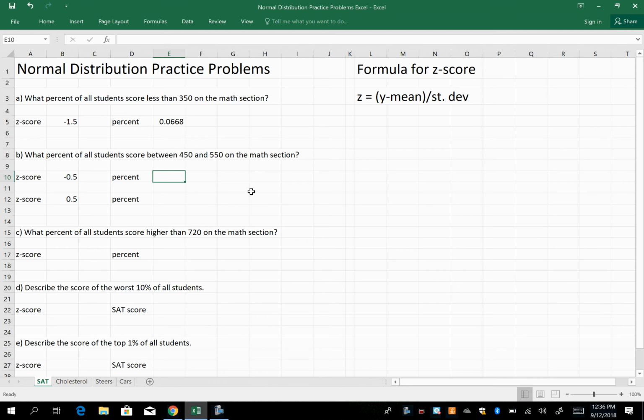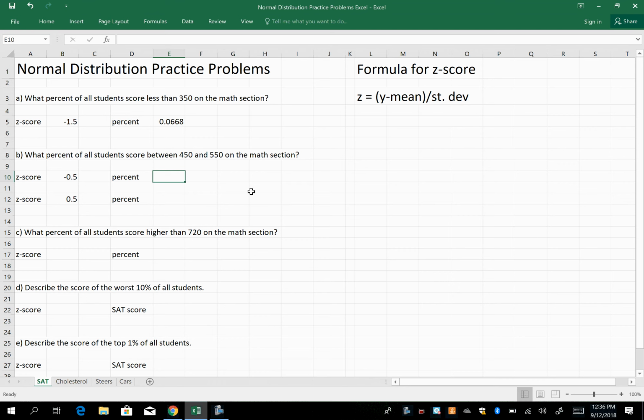We had negative 0.5 and then positive 0.5. And it wants to find the percentage of scores between them. So how am I going to shade? I'm going to shade in between.